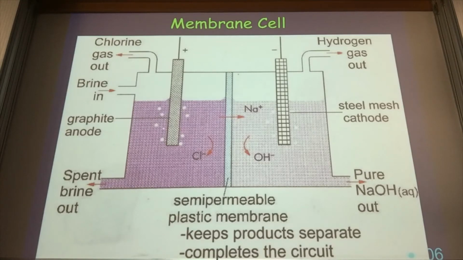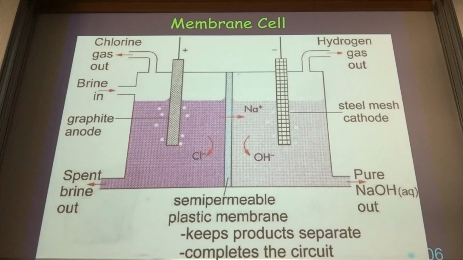So we've got chlorine gas being produced at the anode, it gets taken off, and we've got hydroxide and hydrogen gas being produced at the cathode.